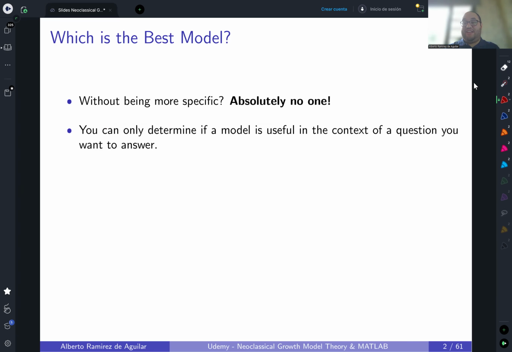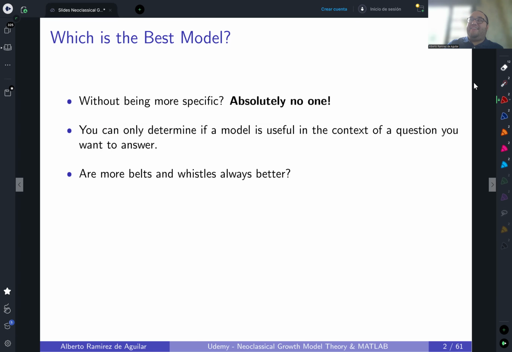And in order to know if your model will be useful or not, you need to understand what are the main assumptions that you are making in order to set up your model. At least in the neoclassical growth model, I will be very specific on which are the assumptions that we make, and whether you believe those assumptions or not will lead you to answer whether using the neoclassical growth model is useful or not for your particular question.